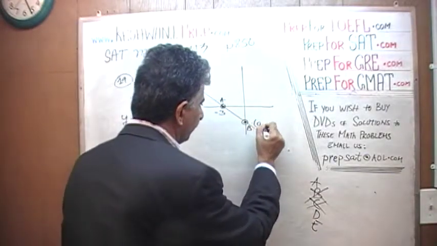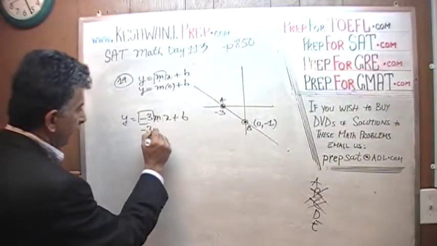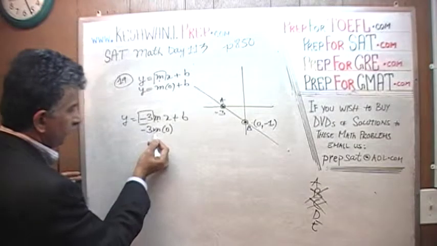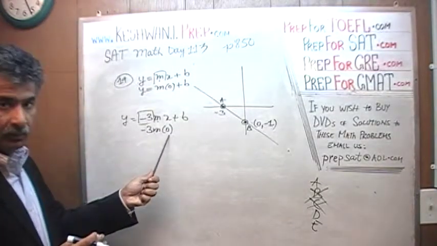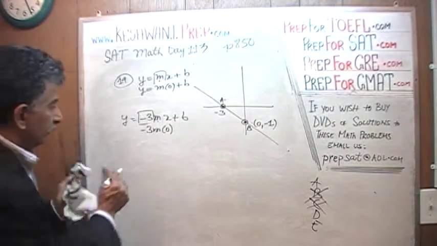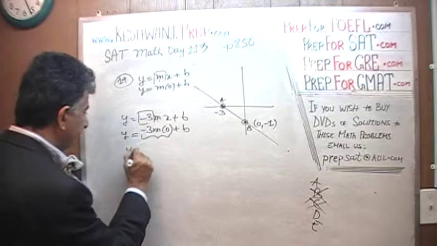When x is 0, y is negative 1. Now here, when we put negative 3m times 0, it doesn't matter what that quantity is, anything times 0 is 0. So this whole thing is 0 plus b, which means y again equals b.